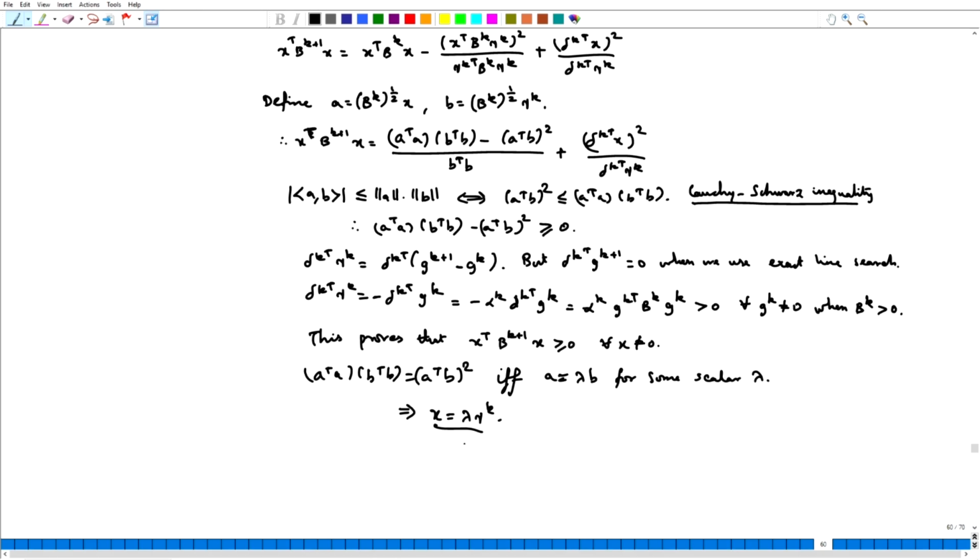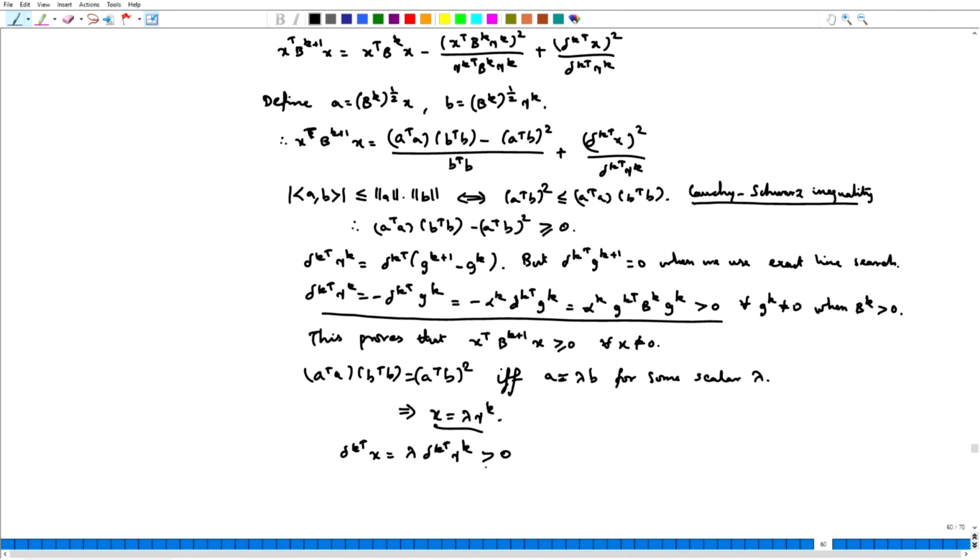Let us check if at x equal to lambda gamma_k the other term becomes 0. Delta_k transpose x equals lambda delta_k transpose gamma_k, but we just saw that delta_k transpose gamma_k is greater than 0.